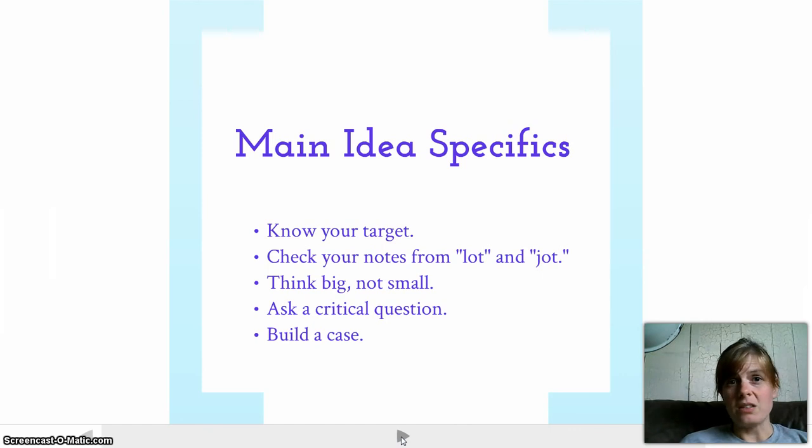If it's a specific paragraph, you should be able to connect the main idea to every part of that paragraph. If it is one specific detail that only connects to one part of the passage or one part of the paragraph, that's not your main idea. Main ideas are big ideas. They're not small. They're not in the box. Okay, so you need to expand your search out.